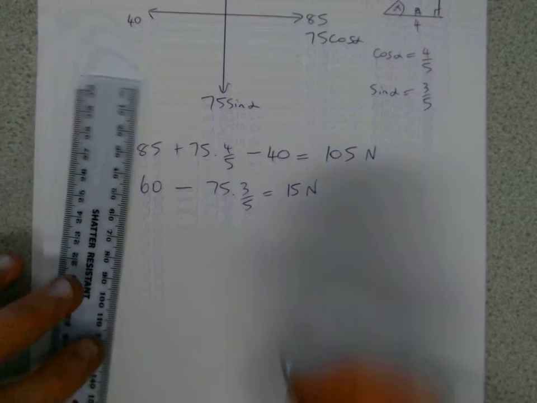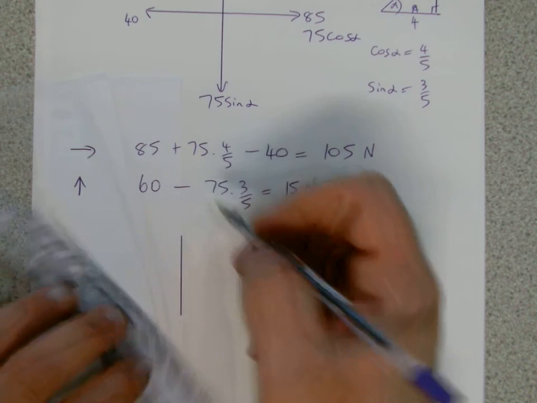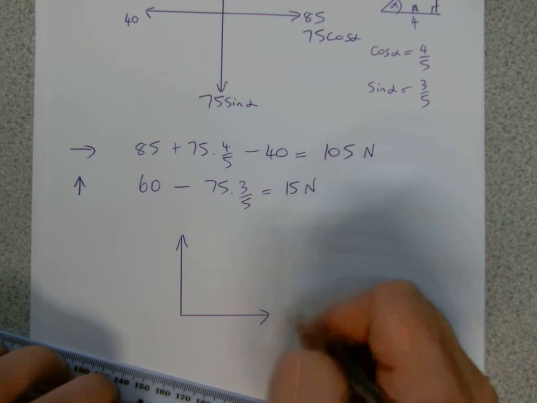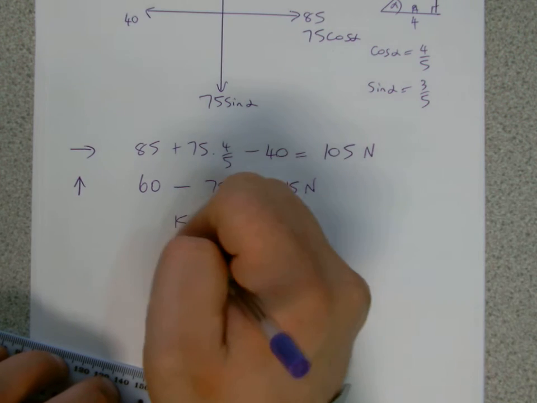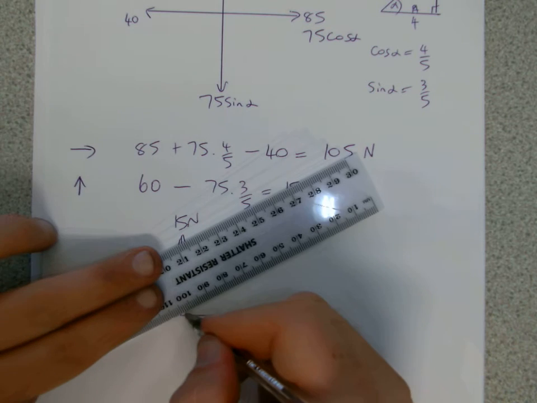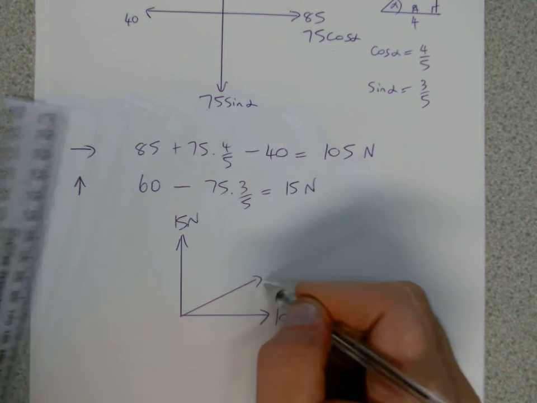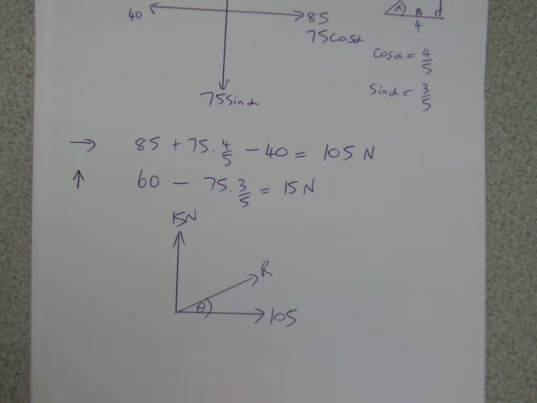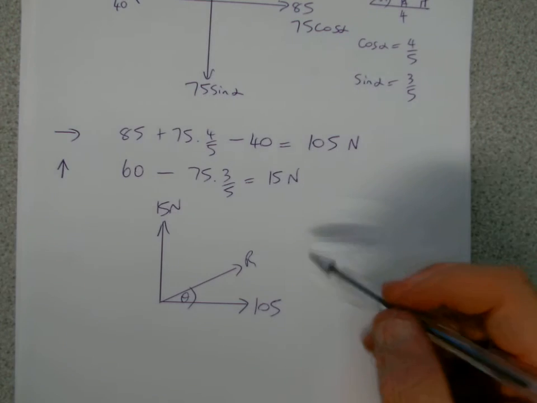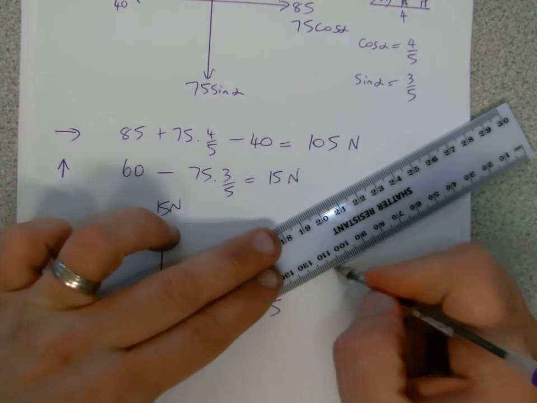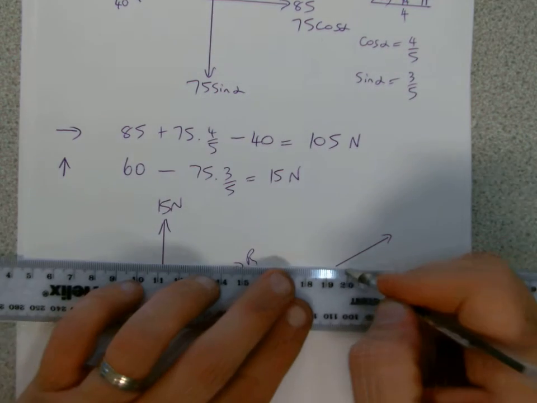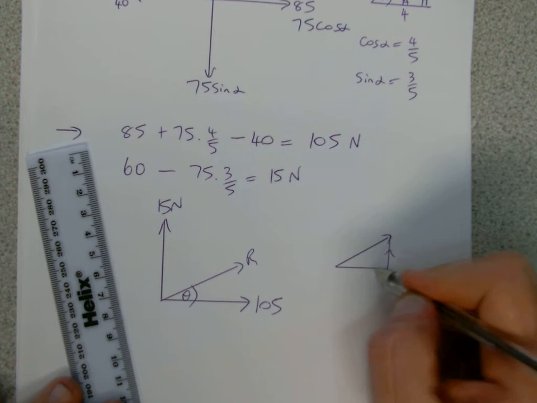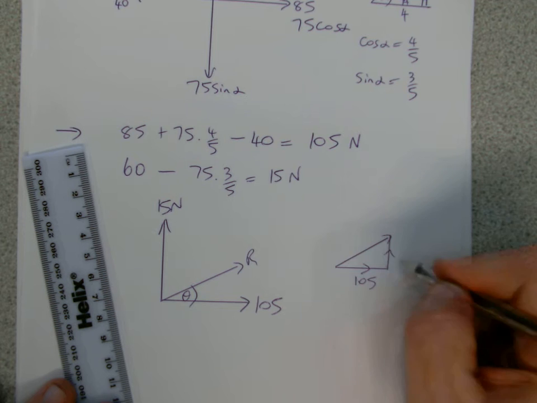And we can get the resultant force, and the resultant direction as well. It's important to recognise 105 in the x direction, only 15 in the y direction. So the resultant is going to be heavily in that x direction, so the angle here is going to be small. To get the resultant, don't forget, the resultant is just the result of the 105 going across and the 15 going in the perpendicular direction.